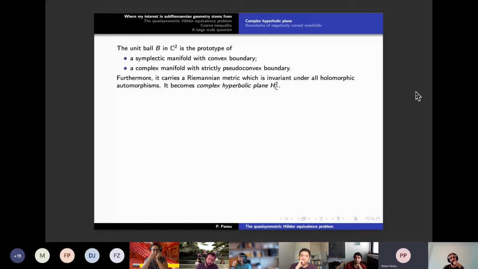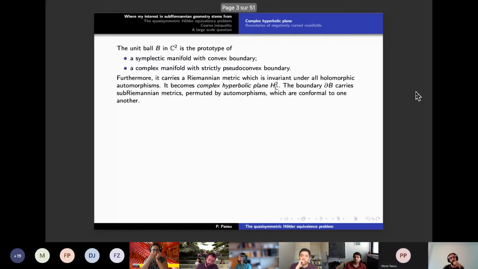But now there is an extra piece of data which is totally absent in plane real geometry. Well, not quite absent. It's a family of sub-Riemannian metrics. Since we are dealing with a complex manifold and the boundary is a real hypersurface, pseudo-convexity guarantees that the field of complex tangents is a contact structure.